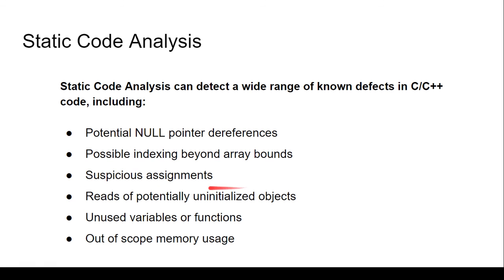Or trying to read from an uninitialized object. These are possible errors in your code, and you can easily identify these kinds of situations using some advanced algorithm to analyze your program.